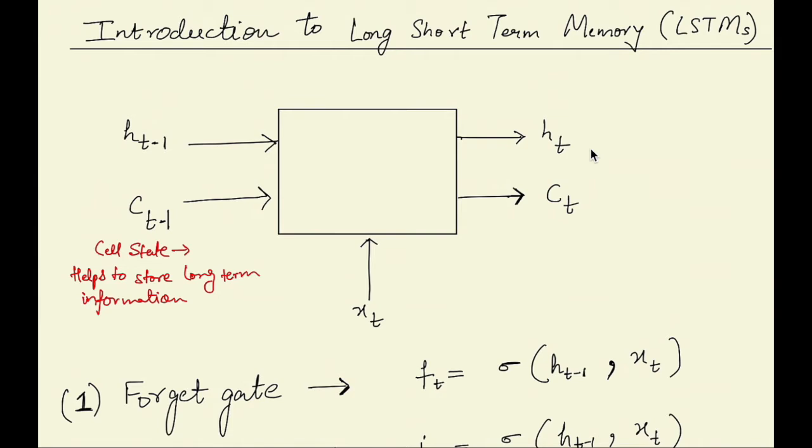Hidden state just stores the information about the current cell, in this case the LSTM cell, or in RNNs we can call that an RNN cell. So hidden state is just a representation of the current cell.